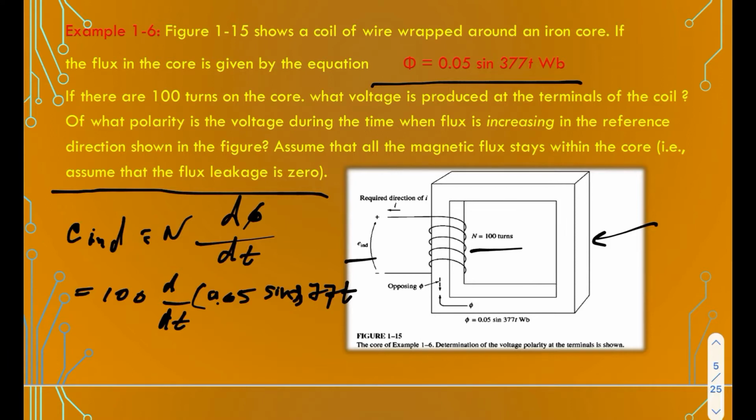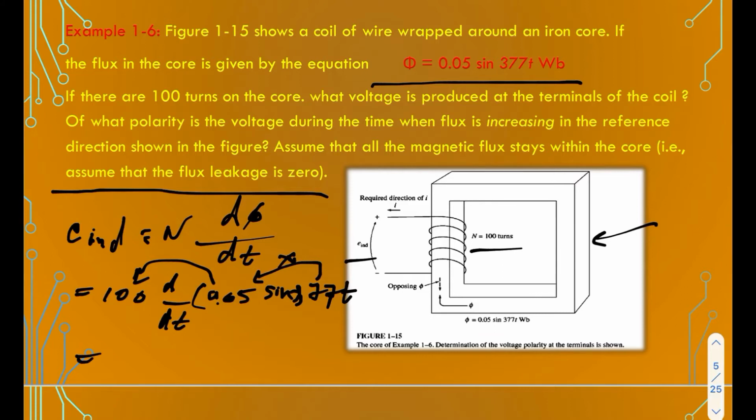Let's take the derivative of the flux. We multiply 377 by 0.05 and then by 100.